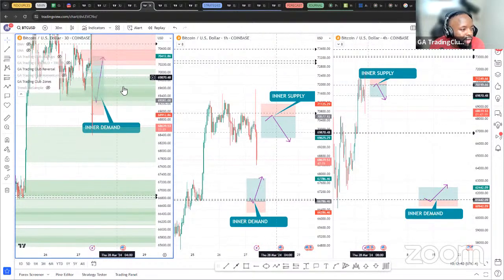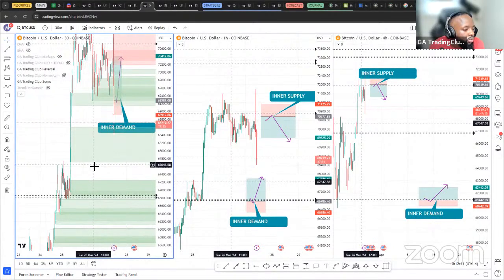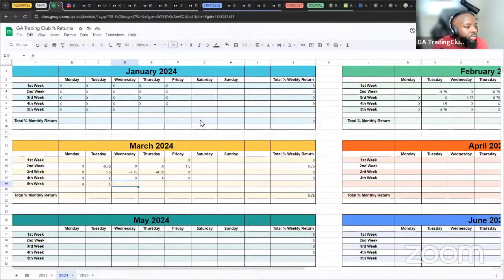If price keeps going down, of course, I'll readjust and move this down again to 66,800-ish. Actually, no, 66,400. So for that, I'm just going to record this as minus 0.75%. So this brings the overall return for this month to just break even.